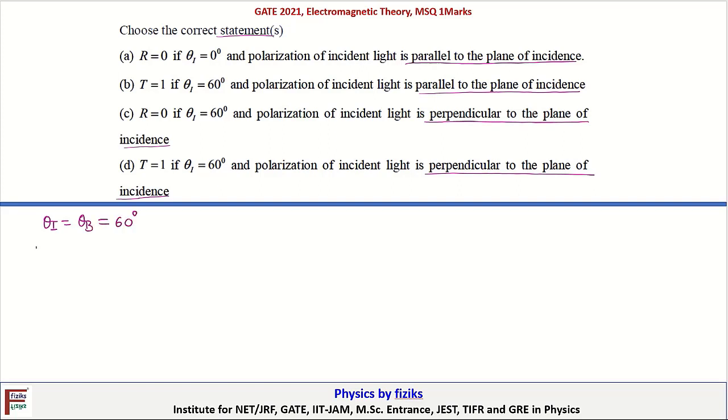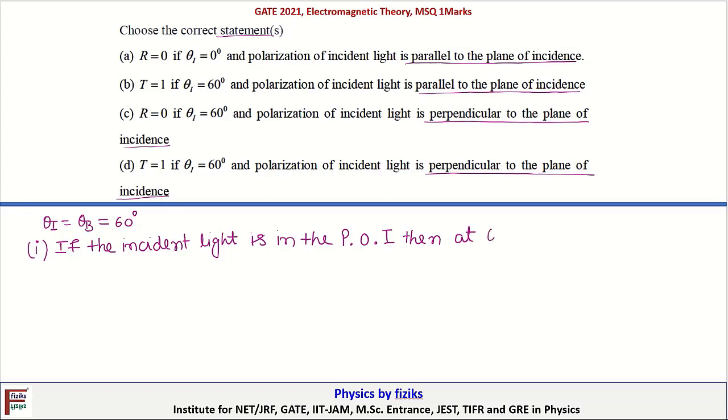Now we have to note two points. Point number 1: if the incident light is in the plane of incidence, POI means plane of incidence, then at theta B, R will be 0 and T will be 1.